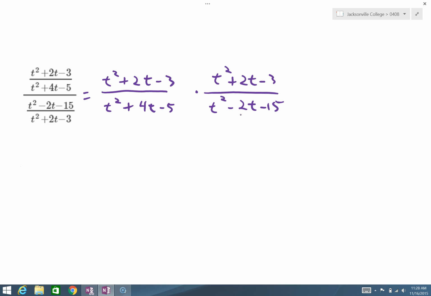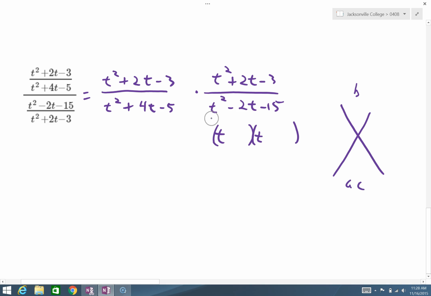We're dealing with trinomials, so I can use my big X method. Using my big X method on this one down here, I know t squared will be t times t. Okay, so coming with my big X, and the top is b, and the bottom is a times c. b is negative 2. a times c is 1 times minus 15.